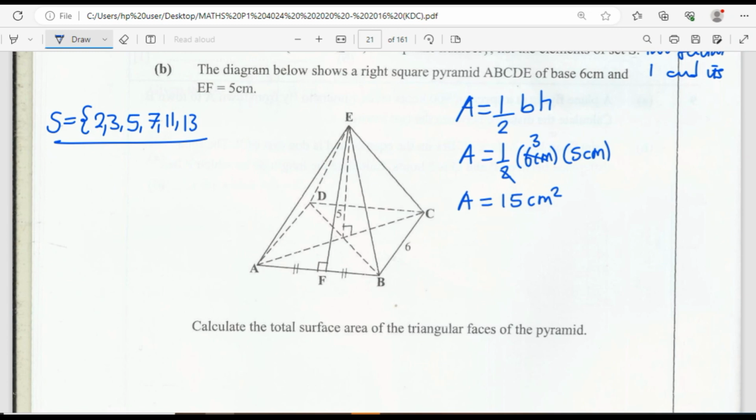So this is the area of one face. Now remember, the question is the total surface area of the triangular faces. So we have 4 faces: there is this one, 2, 3, 4. So for us to find the TSA, we just say 15 centimeters squared times 4, which gives us 60 centimeters squared.